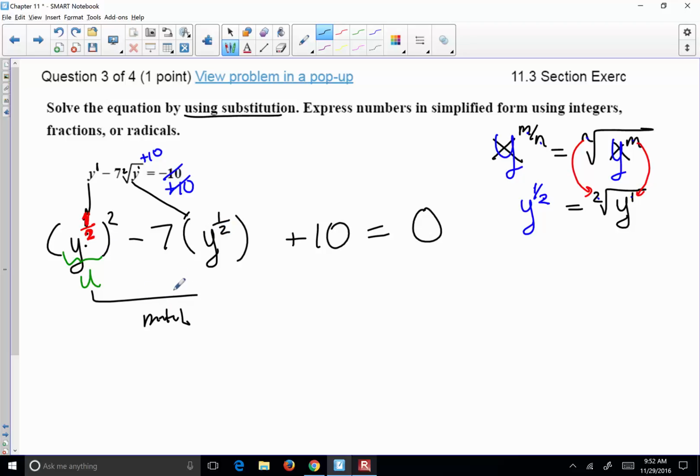It's a match. So they wrote these questions. They didn't just randomly come up with these things. They just fixed these questions so that they can be matched. When you call this u, this is the same thing, so you call that u as well. So the problem you have here is u squared minus 7u plus 10.